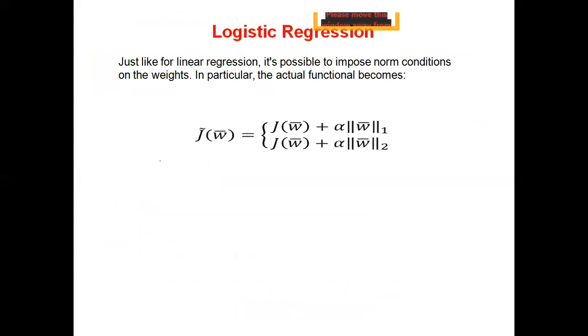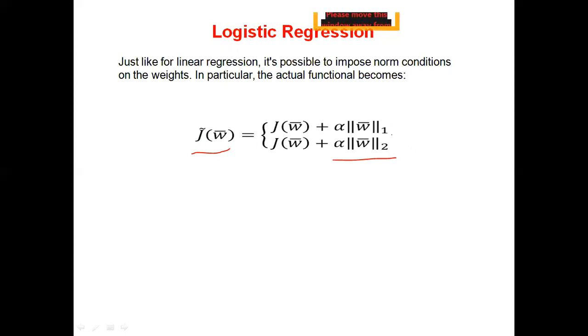And like your linear regression model, we can optimize the loss function here. We can reduce the loss function with the help of a penalty term. The loss function for logistic regression is shown by this notation, which is similar to the J symbol here. So we can shrink the value of W, that is the coefficient value, with the help of either L1 norm or L2 norm regularization techniques.